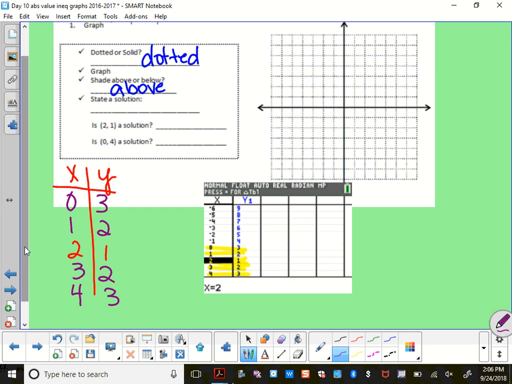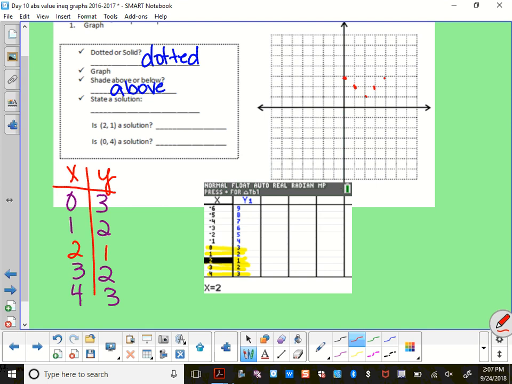I'm going to go ahead and graph them. I go to 0, 3. There's my point. 1, 2. 2, 1. 3, 2. And 4, 3.